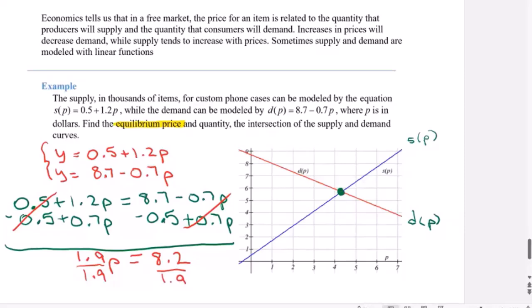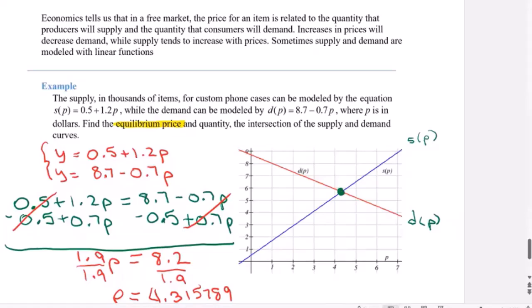And I end up with P equals 4.3. And what does P represent? P is representing the price in dollars. So I get P equals 4.31578, but that's not in dollars.